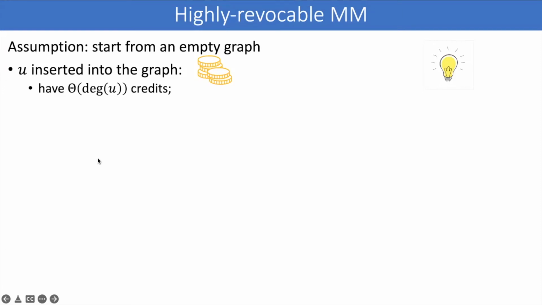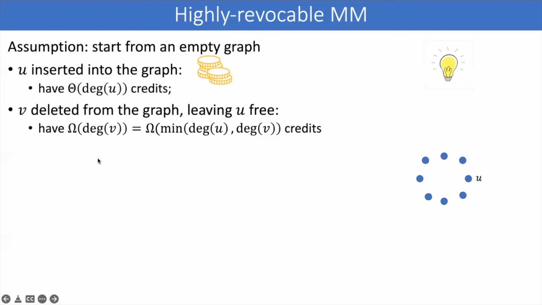An assumption that we use is that the sequence of updates starts from an empty graph. Whenever a vertex u gets inserted in the graph, the algorithm gets theta of deg(u) credits. The interesting case is when a matched vertex u gets deleted from the graph.